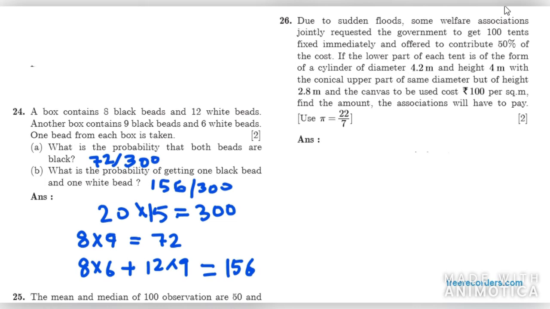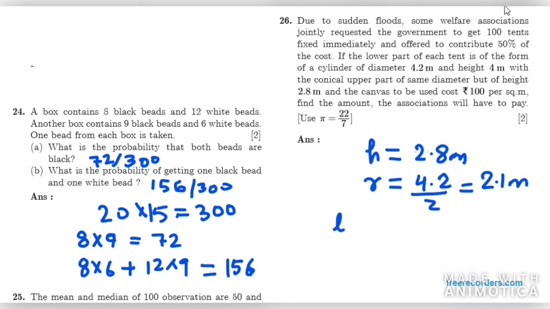So let's talk about the upper conical part. The height is 2.8 meter. The radius given is 4.2 over 2, that is 2.1.